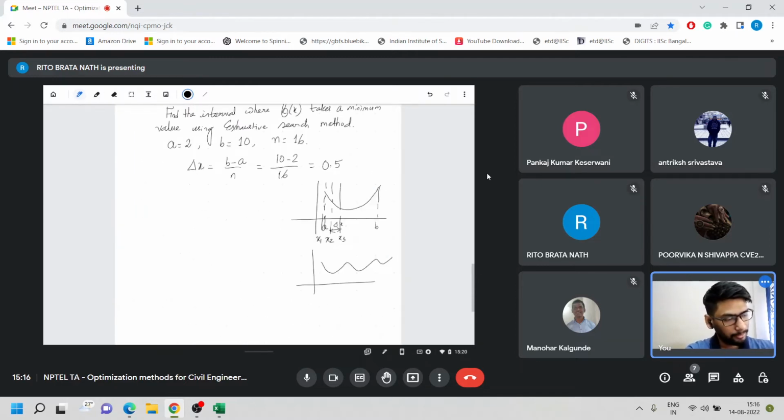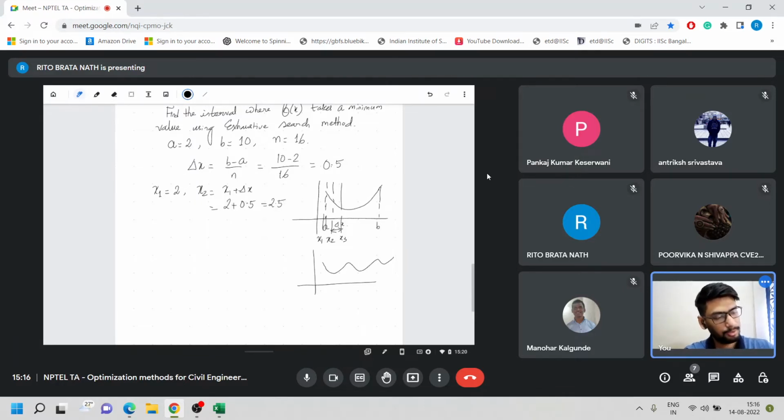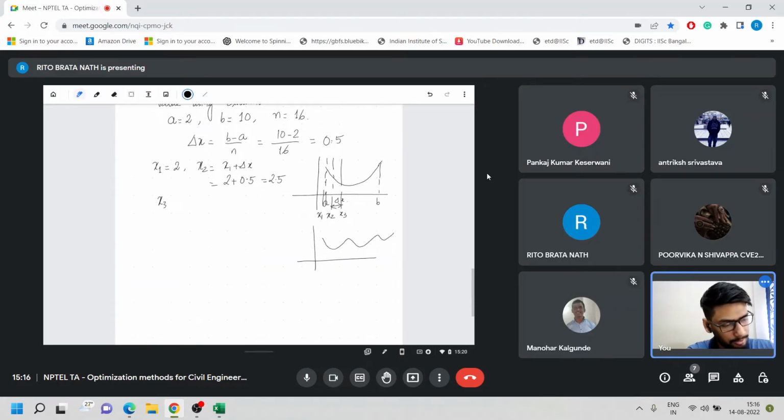So you take x1 equals 2, then your x2 becomes x1 plus delta x, which is 2 plus 0.5, this is 2.5, and your x3 becomes x2 plus delta x, which is 2.5 plus 0.5, which is 3.